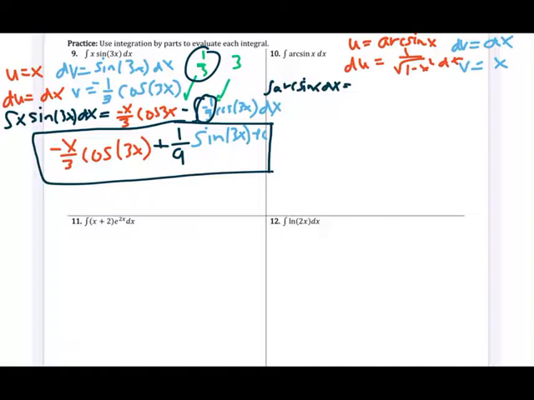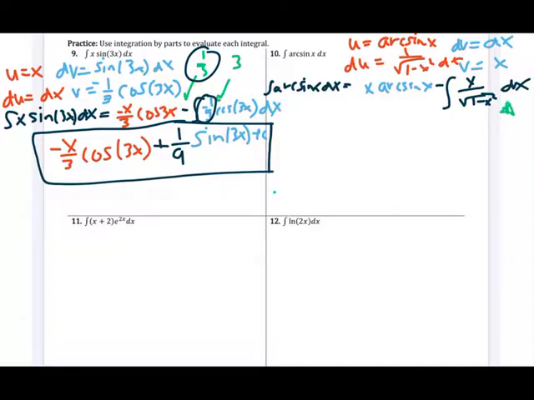So ultraviolet voodoo here, we're going to have x arc sine x when we multiply u times v, x arc sine x minus the integral of v, which is x, du, which is 1 over the square root of 1 minus x squared dx.